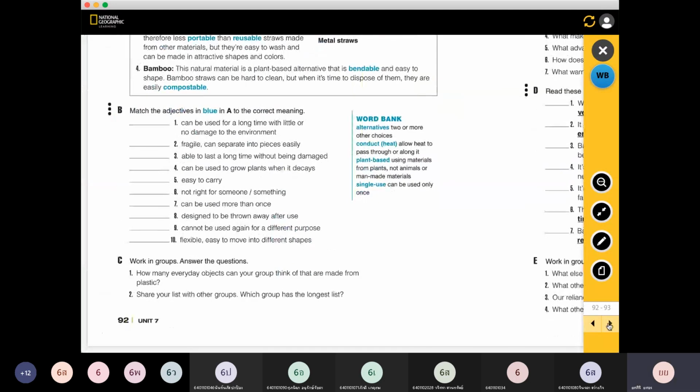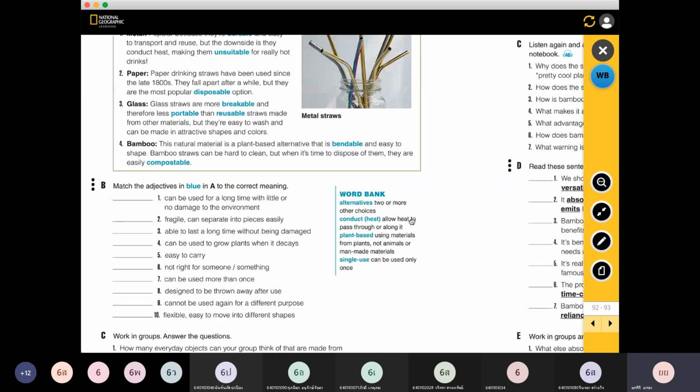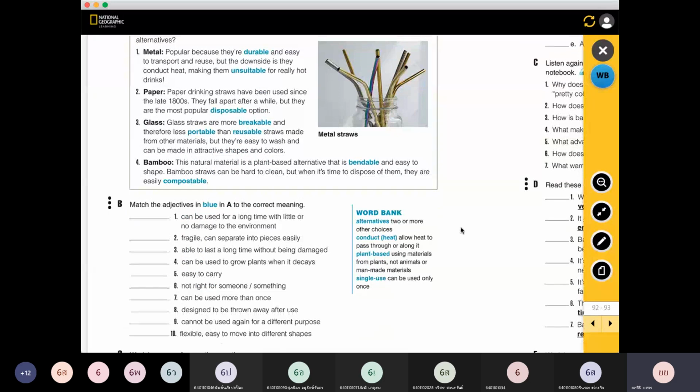Okay, so when we talk about materials, when we talk about alternatives here, I would just give you a little bit of this one as well. You can see that there are other alternatives and they are made of different material. We can use the plant-based material as well.